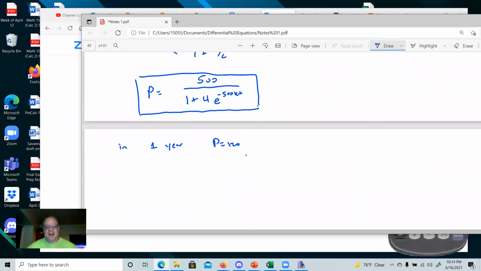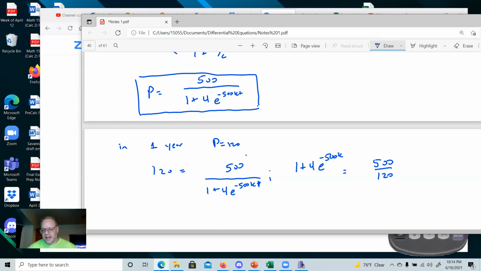I would not think twice about giving my pre-calc people this problem, saying solve for K. I would not lose any sleep at all telling them to solve for K here. So again, we have 1 plus 4e to the negative 500k is equal to 500 over 120.